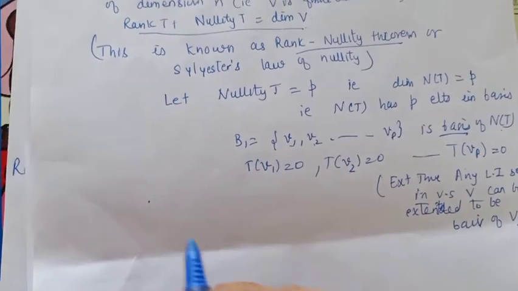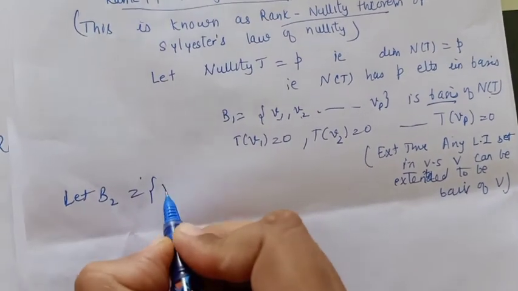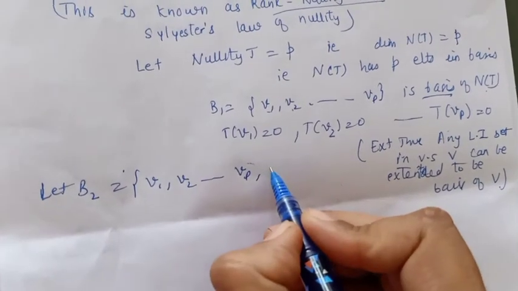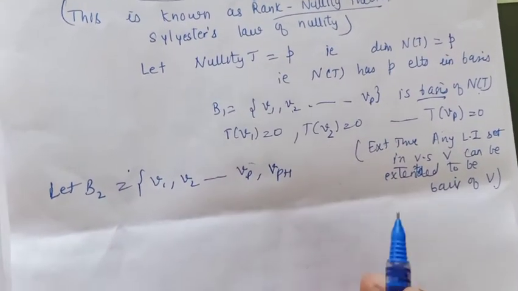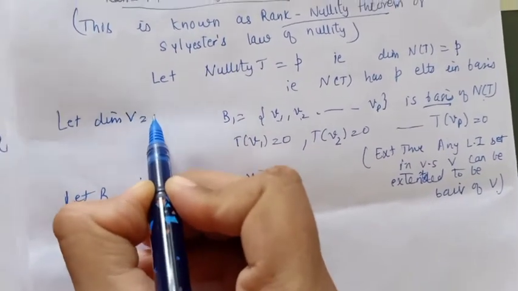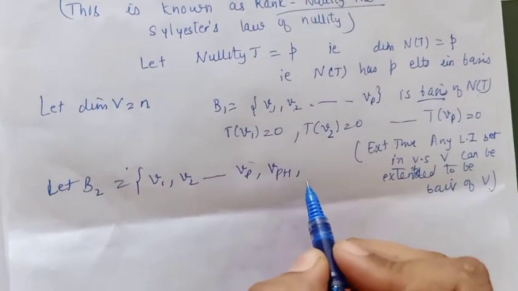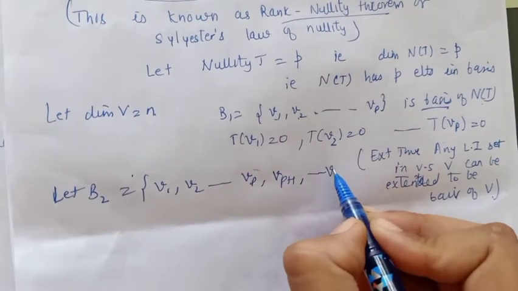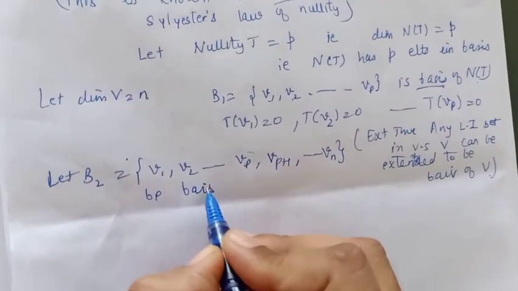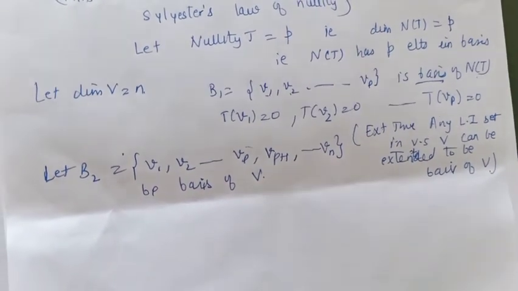So we can extend this set B1 to a set, let us say B2, which will be a basis of the vector space V. Let us assume the dimension of V is n. How many elements do I have to add? I have to add n minus p elements, so this goes up to vn. Now this is a basis of vector space V.